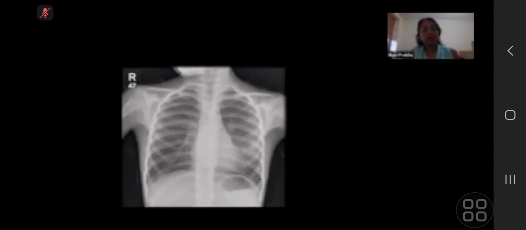We may see some pleural effusion, and if the patient does not respond to treatment, then we definitely repeat the radiograph. But if they respond to the treatment very well, usually we don't try to irradiate them.